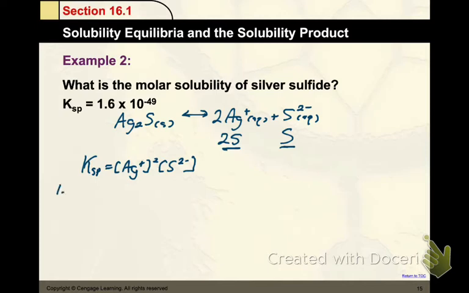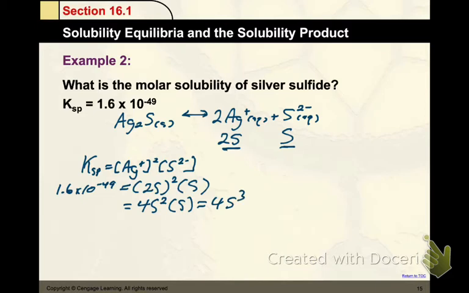So we have 1.6 times 10 to the minus 49 equal to 2S squared times S. In simplifying this a little bit, 2S squared is going to actually be 2 squared, which is 4, times S squared times another S, so that's 4S cubed.